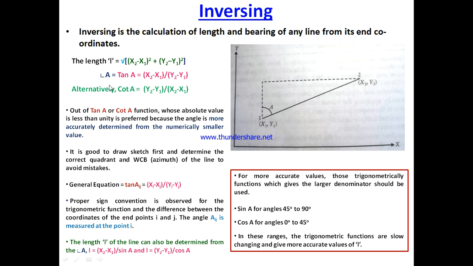The length of the line we can calculate by the square root of (x2 minus x1) square plus (y2 minus y1) square, or we can also calculate it from (x2 minus x1) upon sin A or (y2 minus y1) upon cos A. From this figure and with the help of trigonometrical functions, you can easily compute how to arrive at this value.